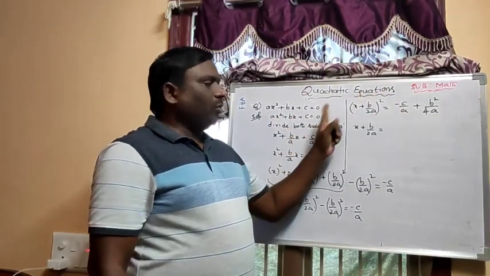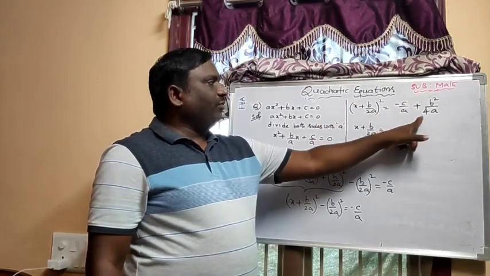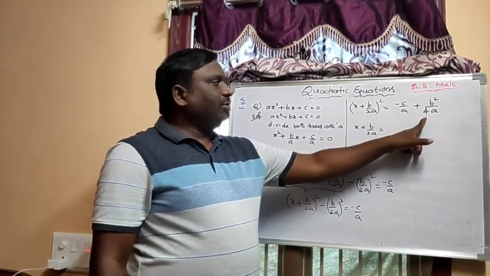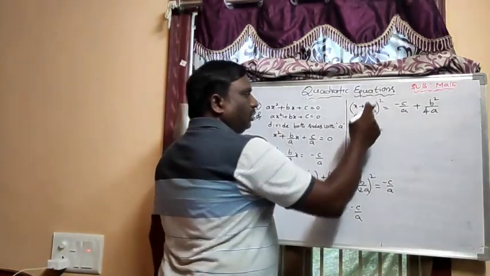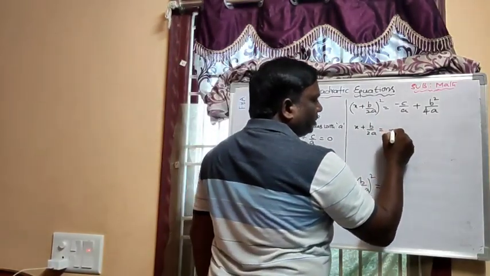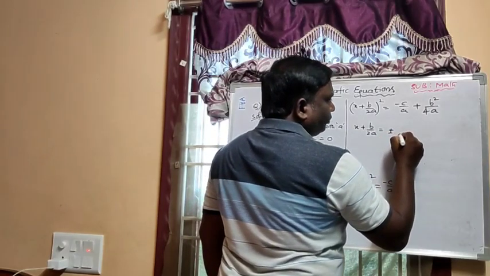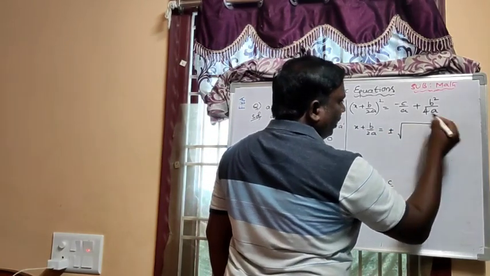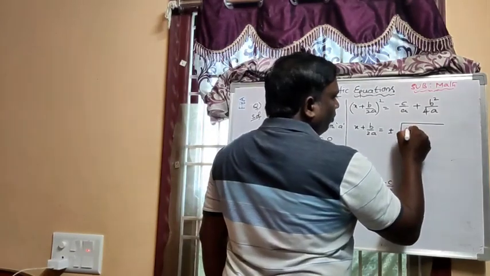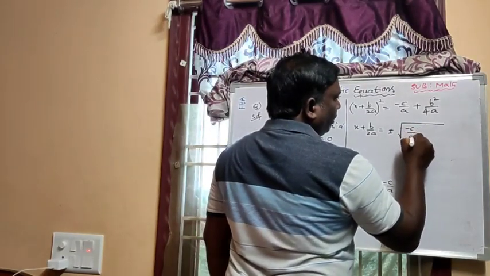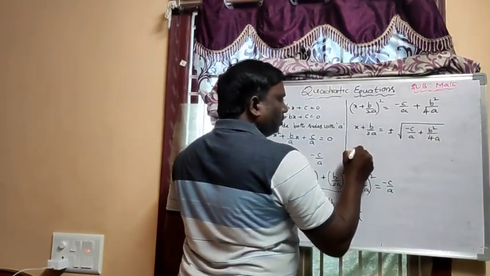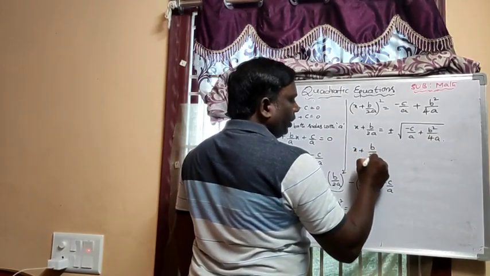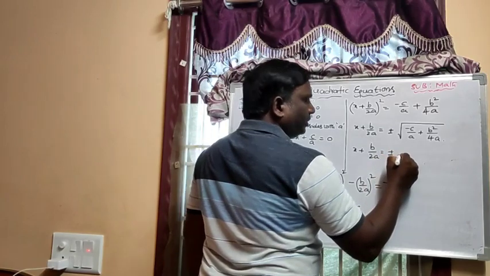When you apply root for both sides, definitely it will become plus or minus value. So take root on both sides means plus or minus square root of minus c by a plus b square by 4a square.